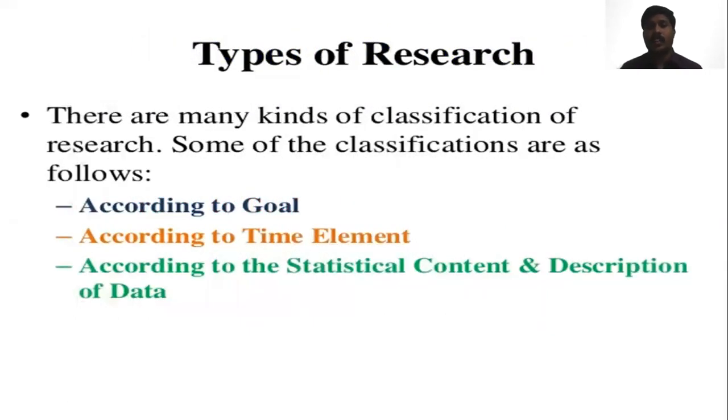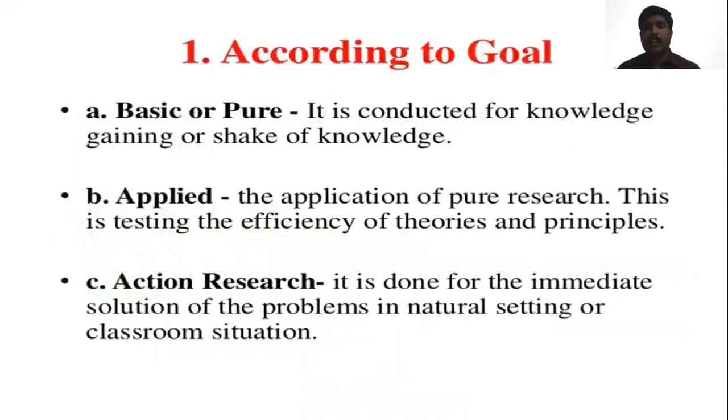Normally, research will be classified using the parameters goal, time element, and statistical content. According to goal, the research will be classified as basic or pure research, applied research, and action research. What is pure research? It is conducted for knowledge gaining or sake of knowledge. What is applied research?